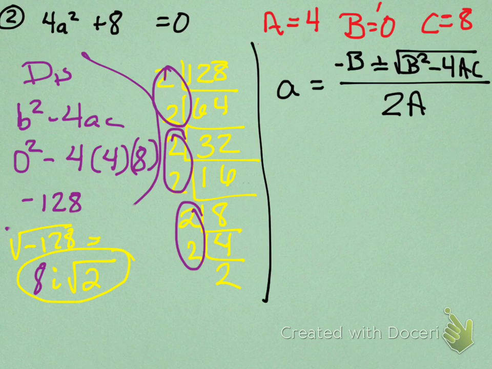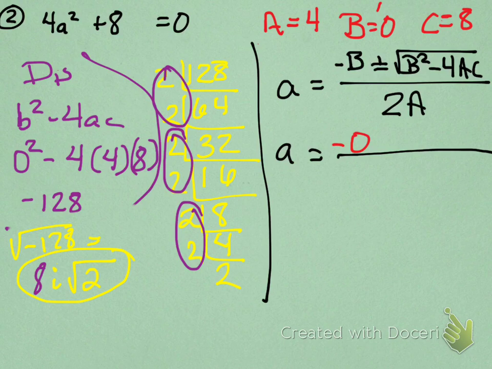And so the negative b is 0. Negative 0, is that a thing? No. If you write it as negative 0, I'm not going to count it wrong, but if you need to see it that way, go ahead and write it that way. But just realize it's not really a thing.